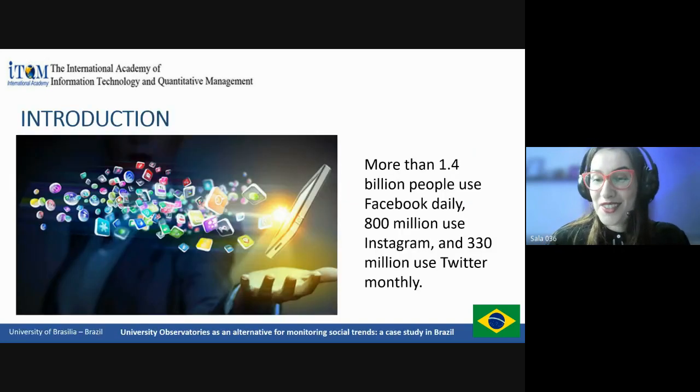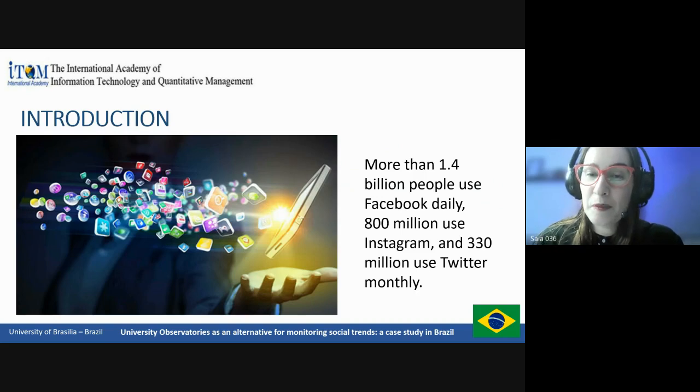In our introduction, more than 1.4 billion people use Facebook daily, 800 million use Instagram, and 303 million use Twitter monthly. Although the content on social media is diverse, the time devoted to scientific information has increased.